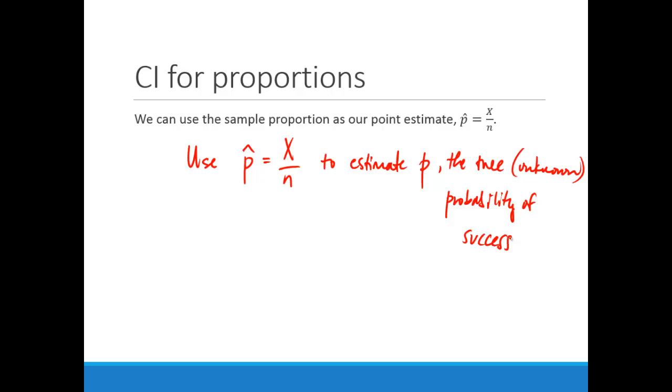Okay, and so we can think about what the mean and variance of this estimate are. So the expected value of our estimator p hat. Well, that's the expected value of X over n, which is 1 over n times the expected value of X. Again, X is a binomial random variable.